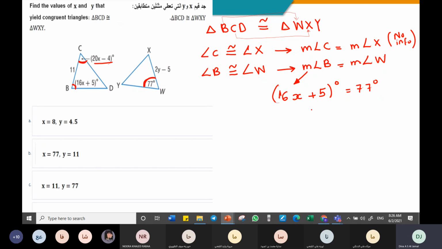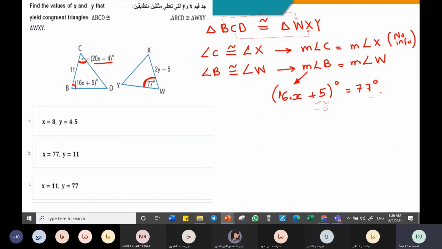Can anyone solve the equation with me? 77 minus 16. Am I going to subtract the 16? It is multiplied with the x. What about the 5? Minus 5 minus 5. Excellent.